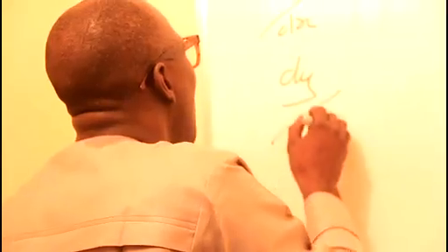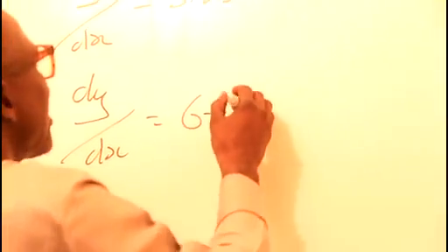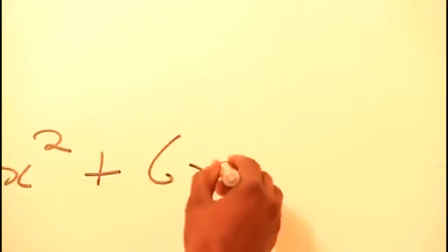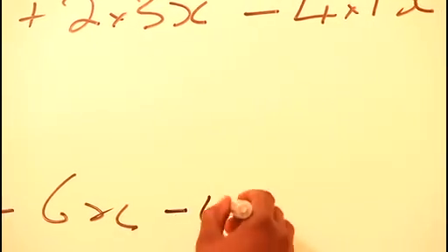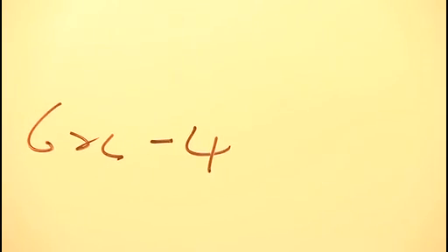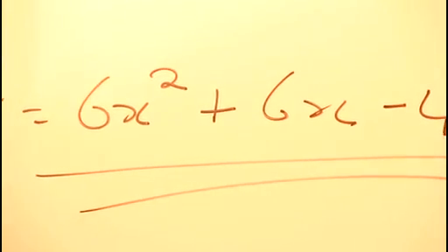Now, if we are able to do that, we'll end up having dy over dx equal to, this place will give us 6x squared, while this place will be plus 6x, and this will give us minus 4. This will be 0, so we are cleared of that. This will be our solution for now.